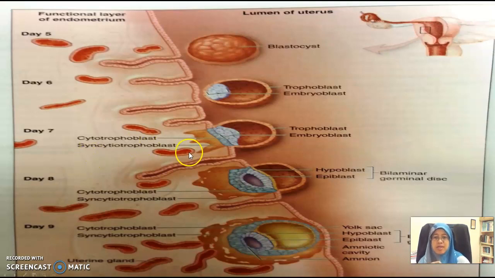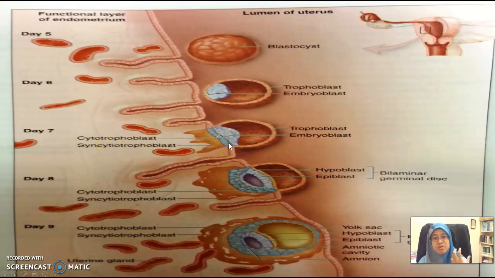Okay, so these are the cells responsible for producing the enzyme that can make a tunnel, that can excavate the wall of the endometrium, so that the whole blastocyst can implant into the endometrium. Okay, so what's the function of the cytotrophoblast?